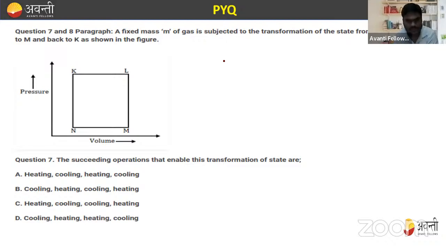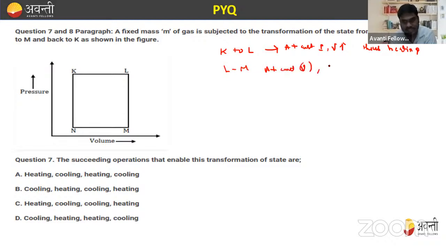Let me explain to you. From K to L, this is at constant pressure, so volume increases, thus we get a heating effect. Now from L to M at constant volume, pressure decreases and thus cooling.